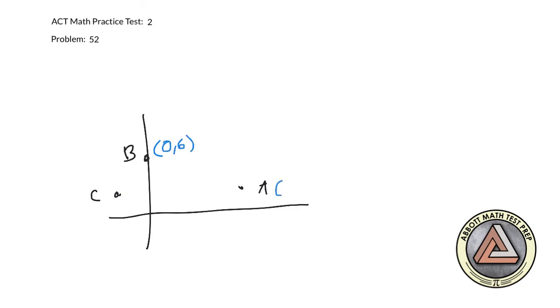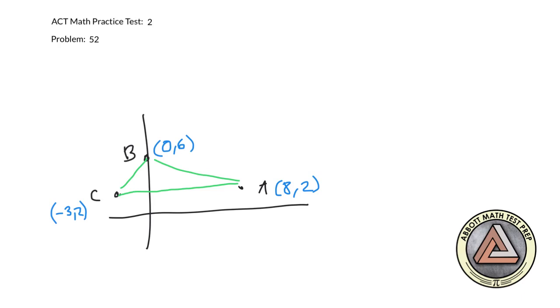The coordinates for A are 8, 2. And the coordinates for C are, let's see, negative 3, 2. And we have a triangle. Final question is, what is the slope of that line?